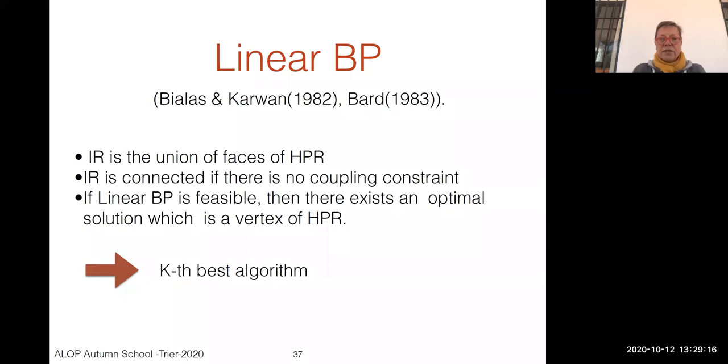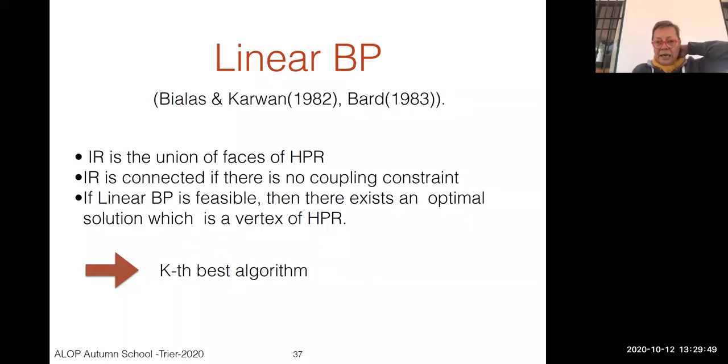And the idea is to start with the high point relaxation. Assume we consider a minimization problem. So you minimize the first level objective function under all the constraints. So in the high point relaxation, you obtain a vertex. If this vertex is the optimal solution of the second level, then you have the optimal solution of your problem and you stop.